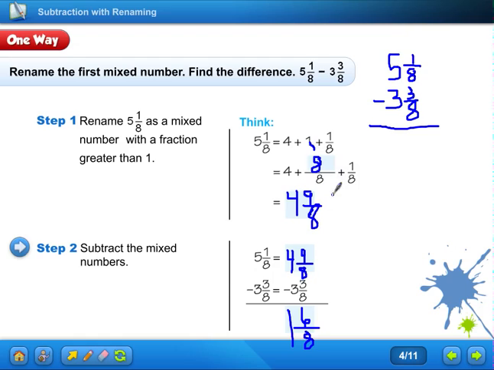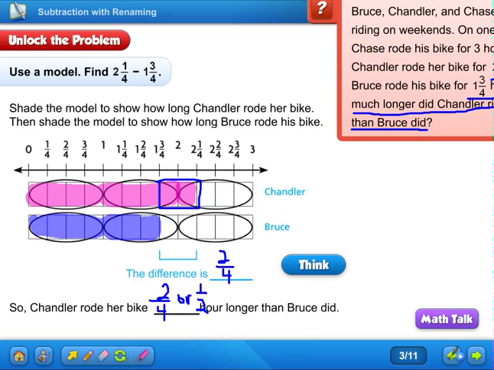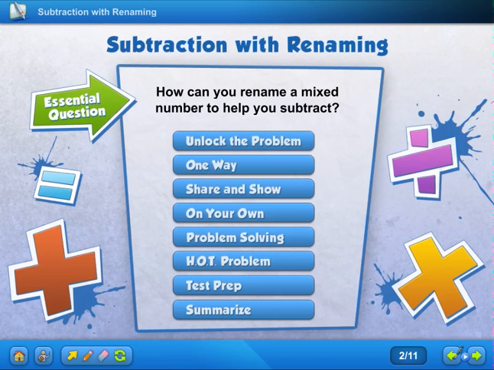Right here is what we did there, 4 and 9/8. And we also drew a model, used a model to help us. Is another way we did it. So those are all 3 good strategies you can use to help you with subtraction with fractions.